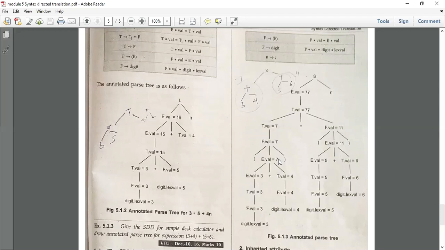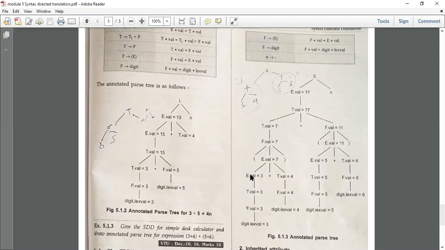At every node, we need to add the values of attributes at each level. That will be the semantic rules or actions. Then we have E.val equals E.val plus T.val, so add both sides, left side and right side. But before adding, we need to obtain the lexical value, digit.lexval.